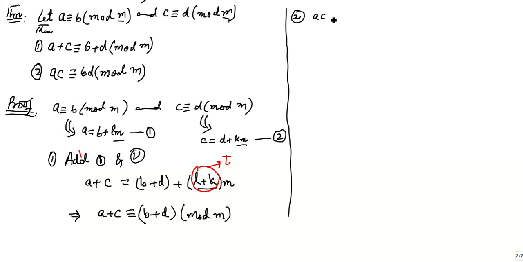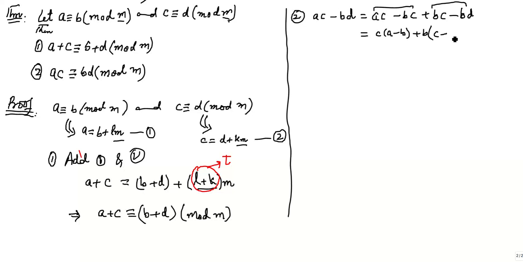So, we take the difference ac minus bd, that is equal to ac, and we put minus bc here and plus bc, then minus bd. Okay. So, we take c as common from here, and we take b common from the last two terms. So, this gives you c times a minus b plus b times c minus d.